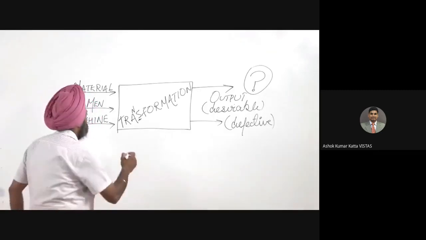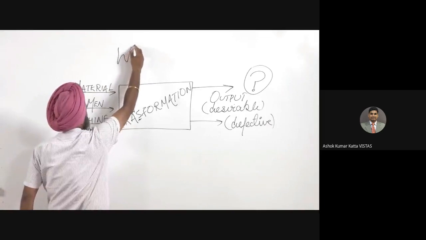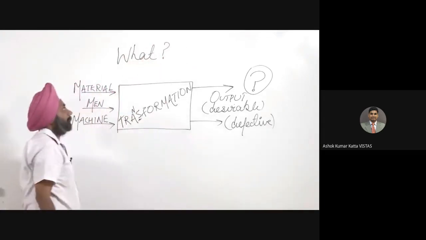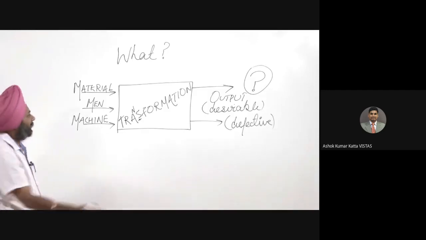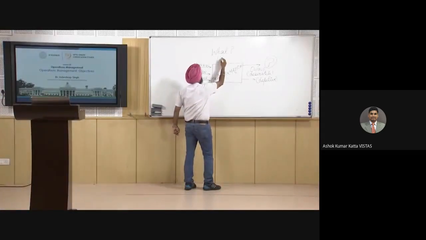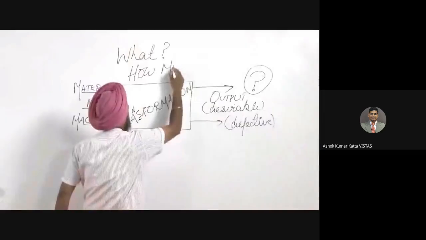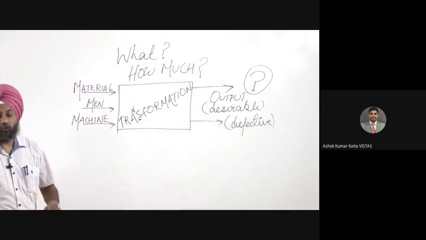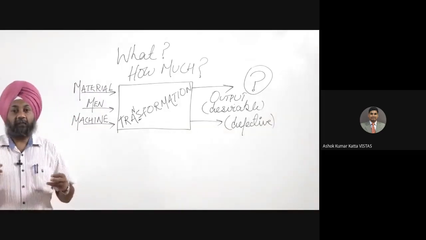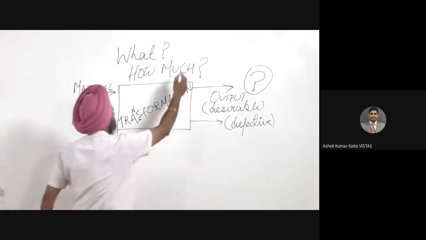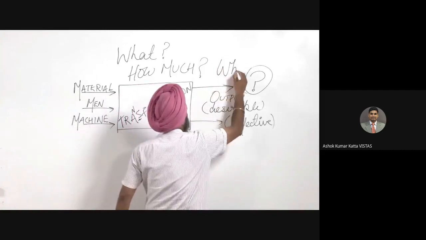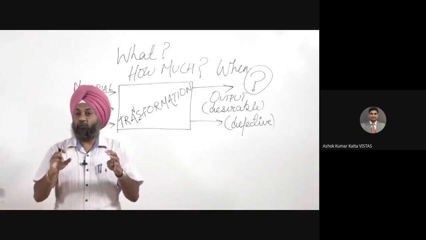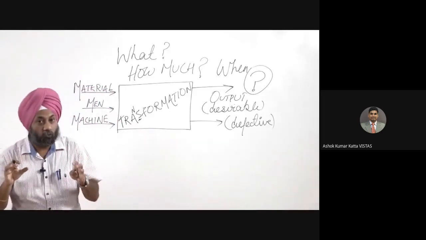So first question I write here is what the company must produce, then how much, so these questions have to be answered. Then there is another question, when. So we have to find answers to all these questions.